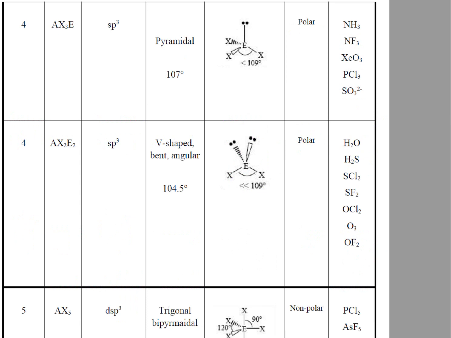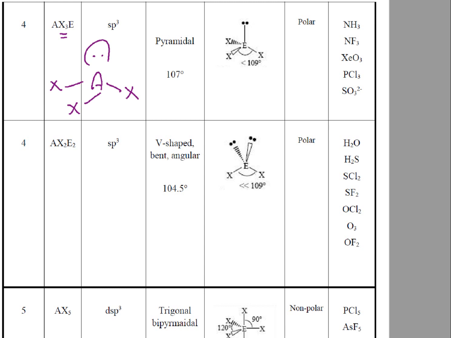AX3E. AX3E means the central atom is surrounded with 3 other atoms, and there is 1 lone pair.